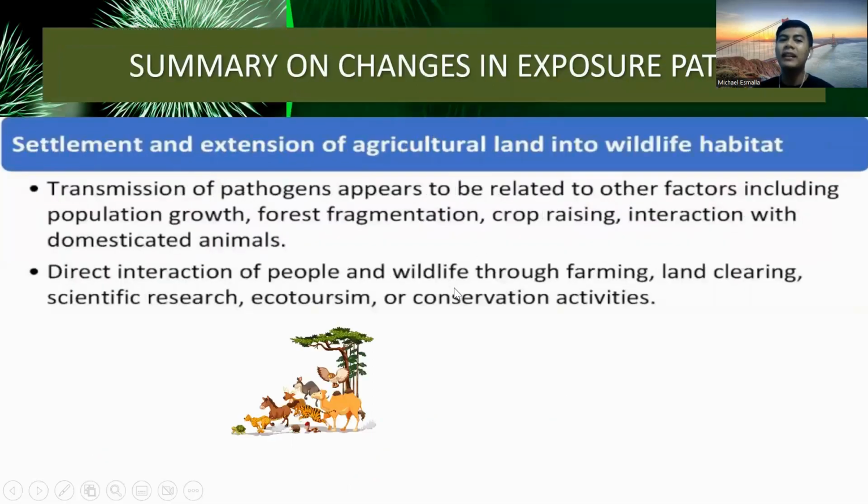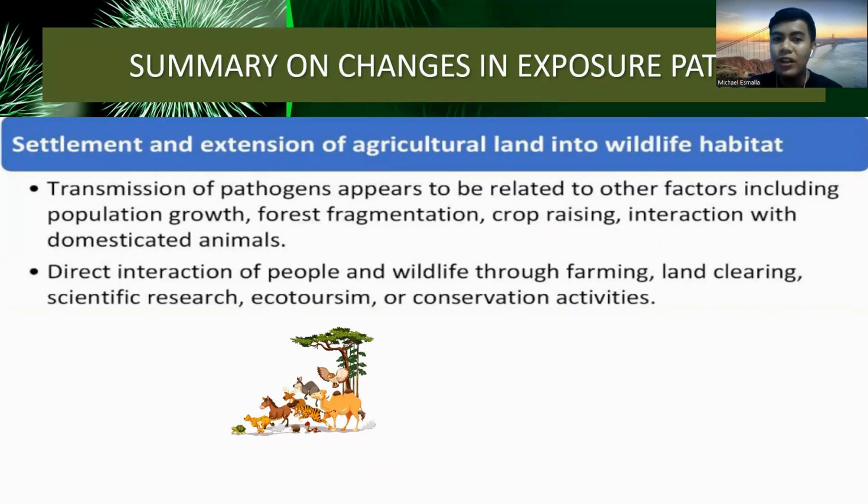Next, we have settlement and extension of agricultural land into wildlife habitat. So in this case, guys, it is actually related to our population growth, because once we increase our population, we think of a way from which we can sustain our population, 'di ba?